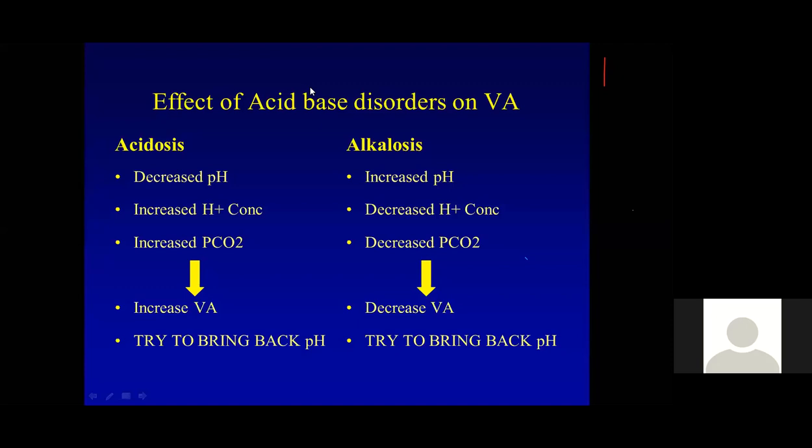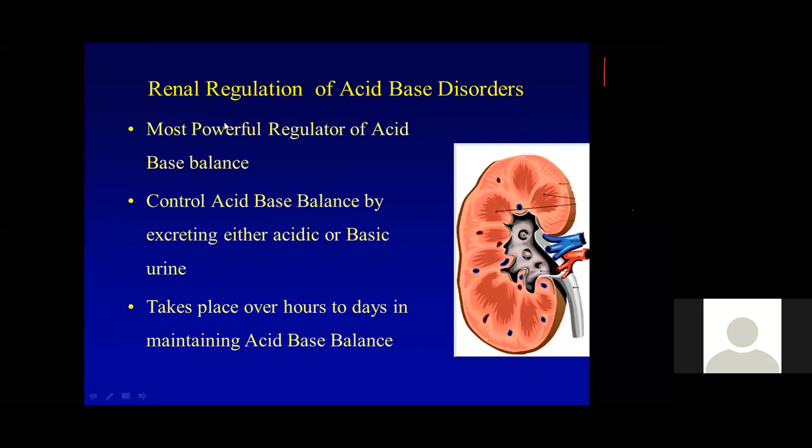When it is more than 7.45, you call it alkalosis. What happens in alkalosis with the respiratory system is there will be a decrease in the hydrogen ion and also a decrease in the PaCO2 levels. The respiratory system will immediately decrease the VA and try to bring the pH back to normal levels. This is how it tries to manage, based on the carbon dioxide levels.